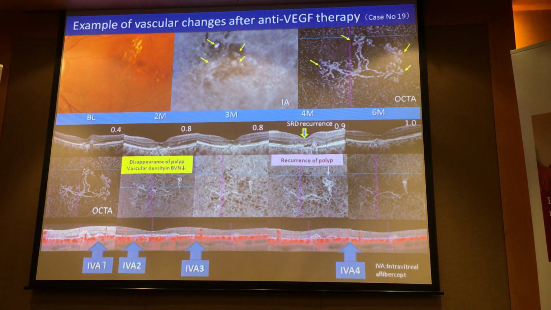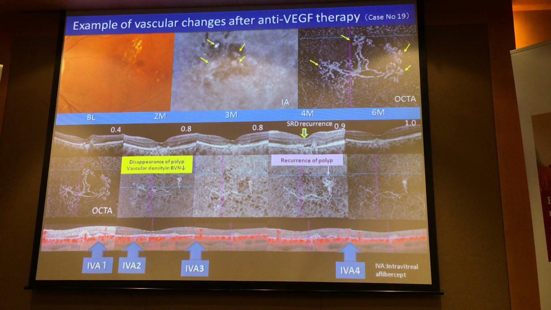This slide shows an example of vascular change with anti-VEGF therapy. You can see four polyps in this case, and in OCTA there are four loop type polyps. And this is a BVN.